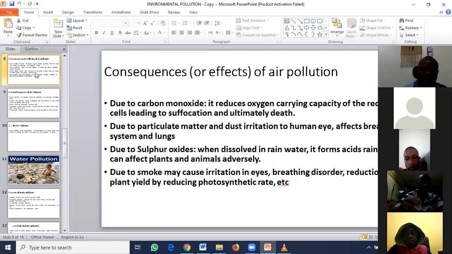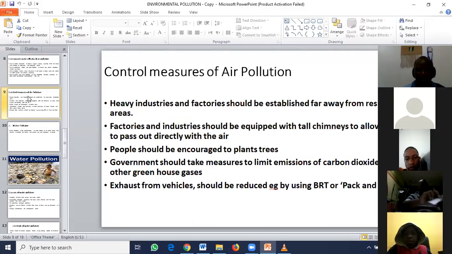So if the hemoglobin now carries carbon monoxide to the cells, it can poison the cell through suffocation. Then we can suffer irritation, acid rain in the case of sulfur oxide mixing with rainwater, and there can be breathing disorder, and reduction in the rate at which plants carry out photosynthesis.